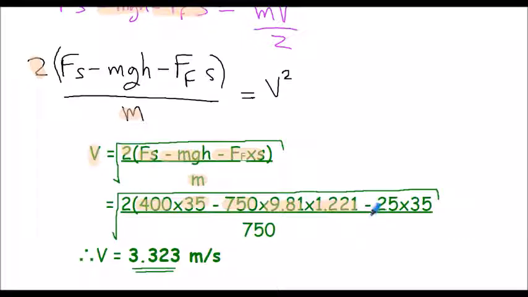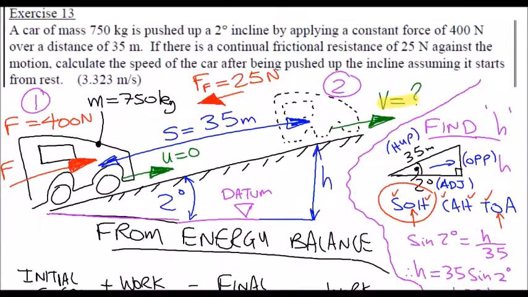We subtract from that the frictional force, 25 newtons assumed constant, over the 35 meters travelled, all divided by the mass of 750 kilograms. So the velocity at the top of the incline, v, evaluates to 3.32 meters per second. Again, I would encourage you to check that calculation for yourself. Here's the full solution for exercise 13.